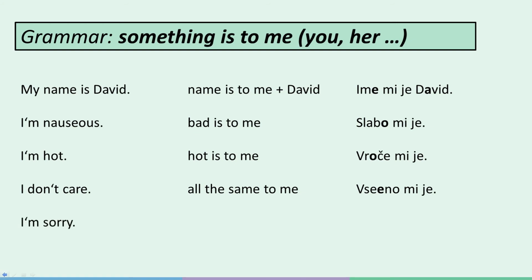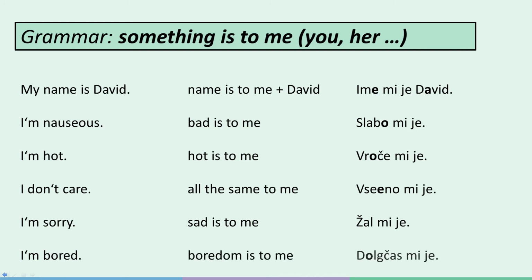To be sorry, as in to feel ashamed of something or to feel sadness over something, is something along the lines of sad is to me, or žal mi je. And finally, if someone is bored in Slovene, boredom is to him or to her. In the case of I, it's dolgčas mi je again, since mi is the dative of jaz.